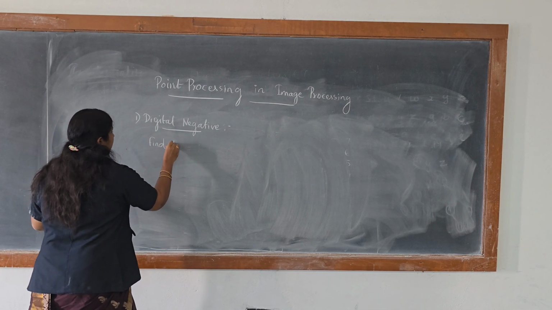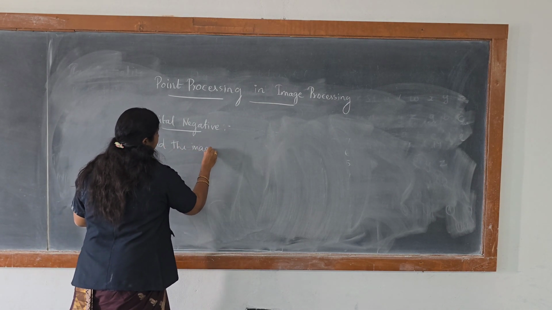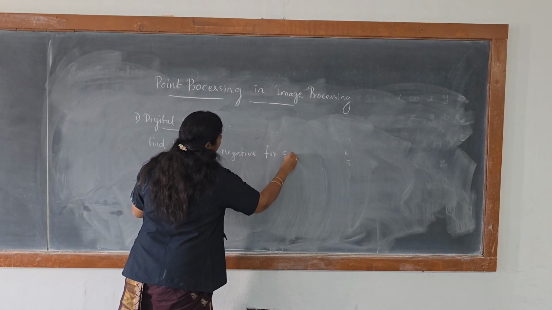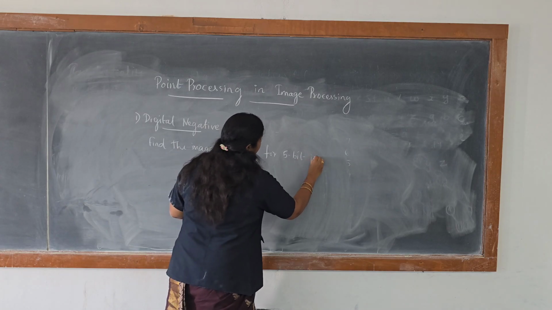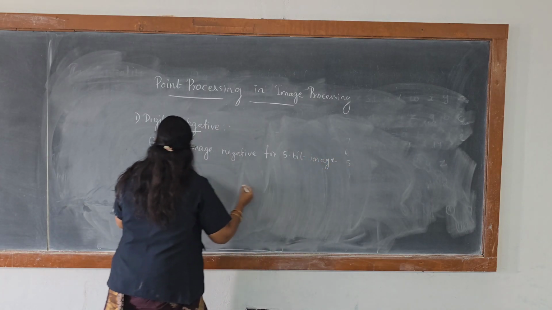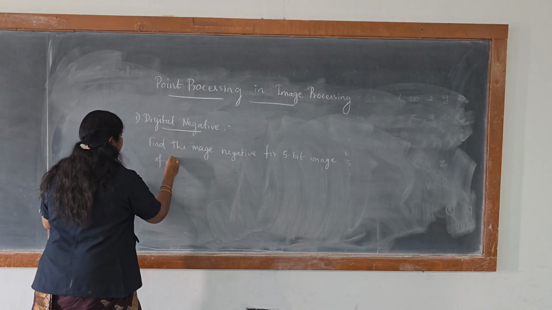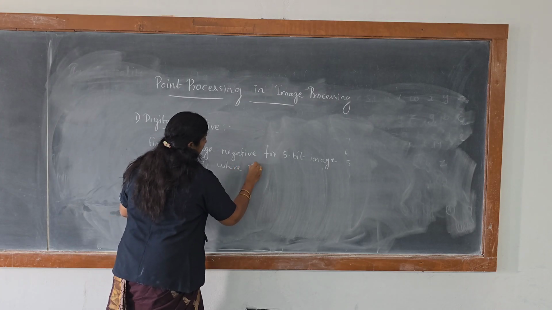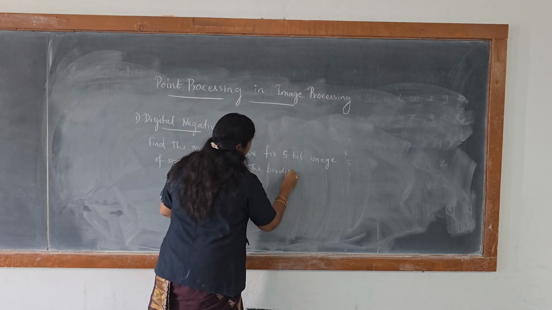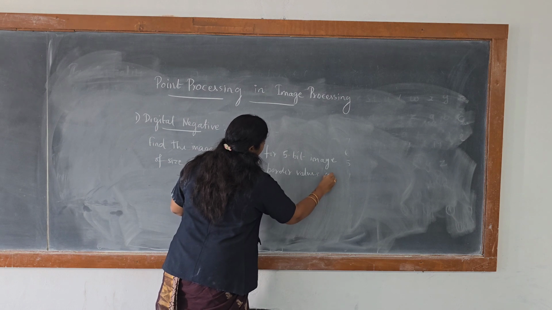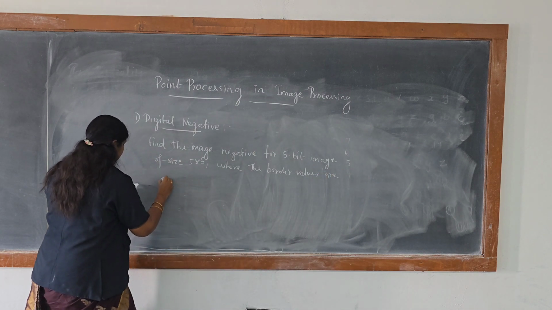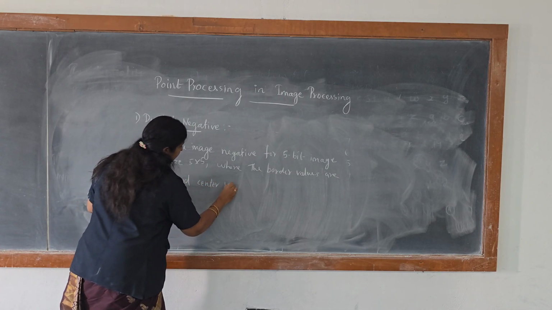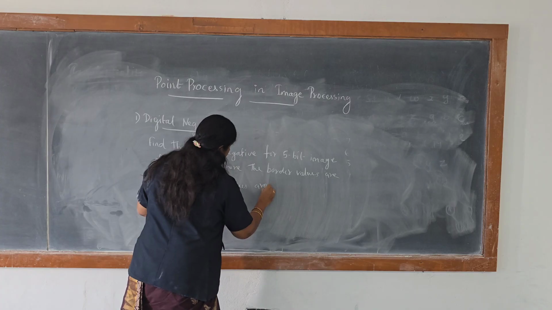Find the image negation for a 5-bit image of size 5 cross 5 where the border values are 17 and center values are 7.